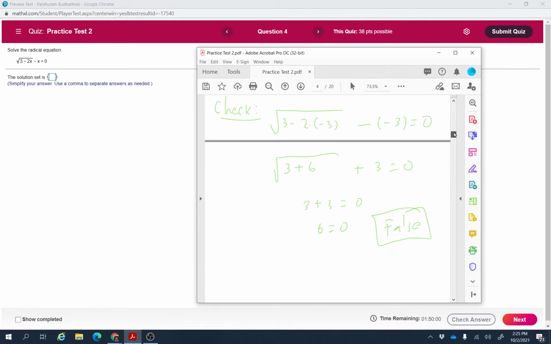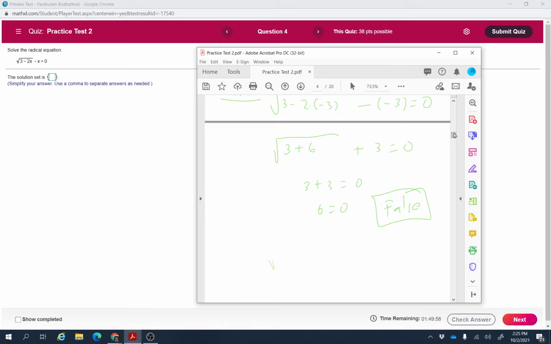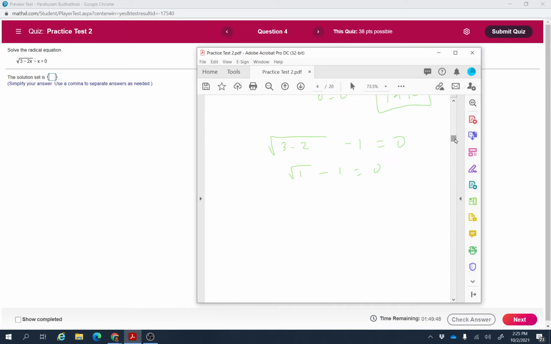Okay, and you have to do the same thing for 1. If you plug 1 in the given equation, it will be the square root of 1 minus 1 equals 0, which is eventually 1 minus 1 equals 0, so 0 equals 0. So this is a true statement. So the solution for this problem is just one solution.